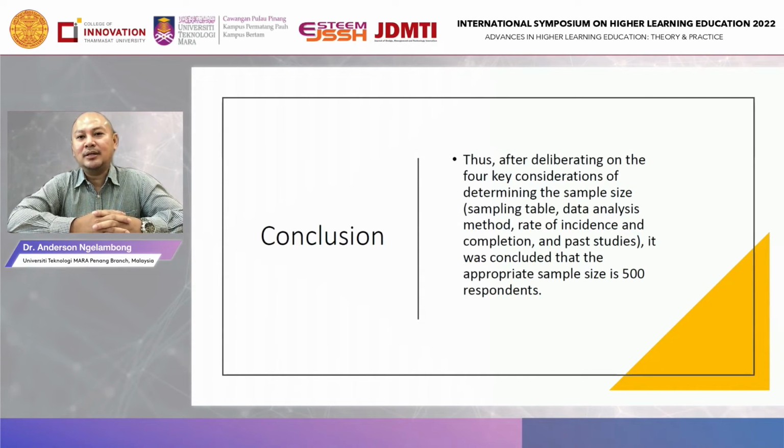After we have considered all the criteria and referred to the textbooks, the authors, and also previous studies with similar methods and topics, we can conclude the key considerations of determining the sample size: the sample size table, for example Krejcie and Morgan and Cohen; the data analysis method, for example if you use SPSS or structural equation modeling (SEM); and if you want to do oversampling, you need to refer to the incident and completion rate; and also previous studies.